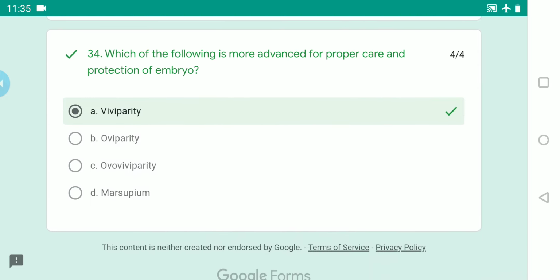Then viviparity, which of the following? So let me tell the meaning. The animals giving birth to their young ones are called viviparous. Example, mammals. So this question is related to viviparity. The following is more advanced for proper care and protection of the embryo.